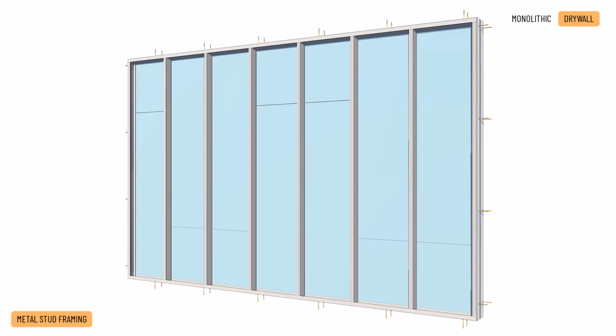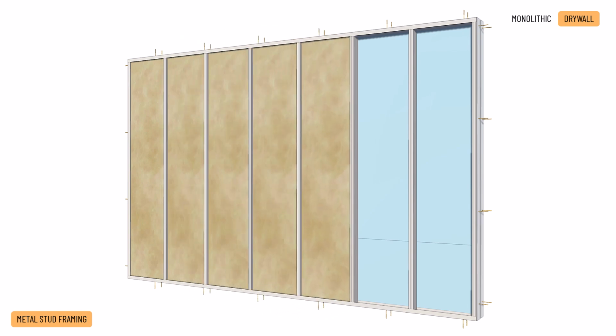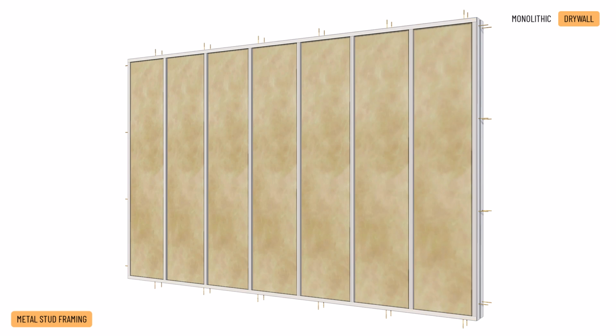8. The space between the studs is filled with rock wool insulation. 9. At the same time as the infill is placed, the necessary plumbing and electrical wiring for the building services will be installed. 10.